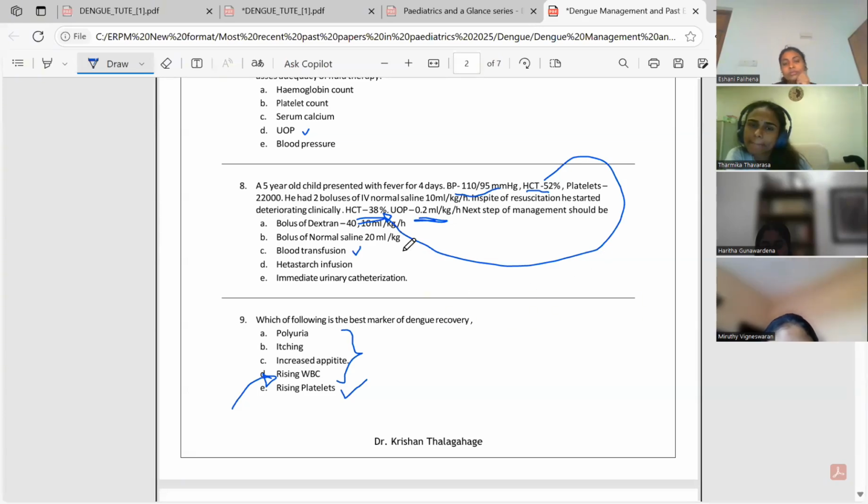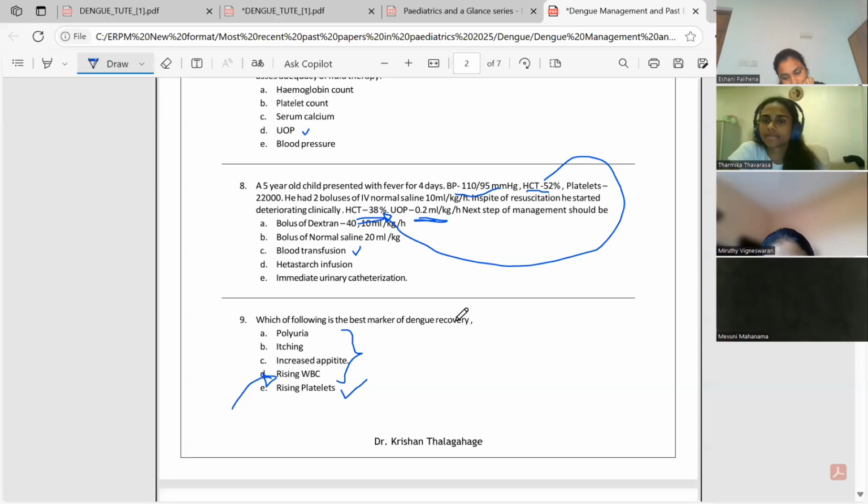So dextran 40, as per guideline, in decompensated shock you go for crystalloid, colloid, normal saline, dextran 40. But here, this is not ongoing leaking. With ongoing leaking, you give saline, still hematocrit is high.